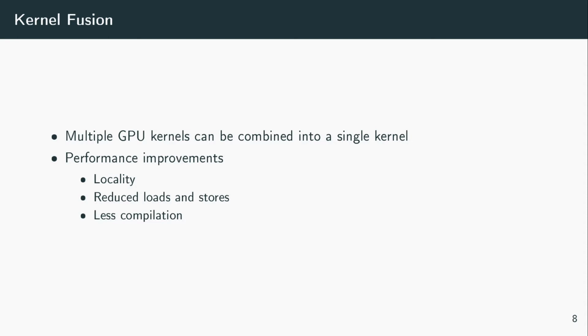This can give significant performance improvements via locality improvements, reduced loads and stores, and simply less time spent compiling the kernels. This is particularly important when we're doing development iteratively or interactively in Python, where these kernel compilations can start to really affect your latency and so on.